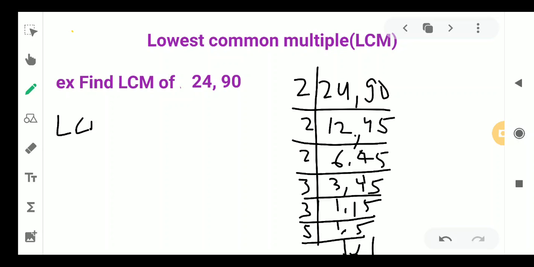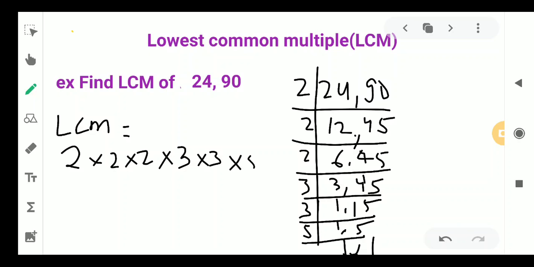So LCM will be 2 into 2 into 2 into 3 into 3 into 5. Now we will multiply this. 2 times 2 is 4, 4 times 3 is 12, 12 times 3 is 36, 36 into 10, 360. So the answer is 360. So this way children we can find the LCM by the prime factorization method.